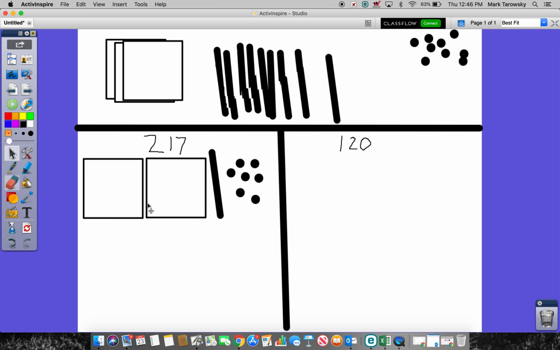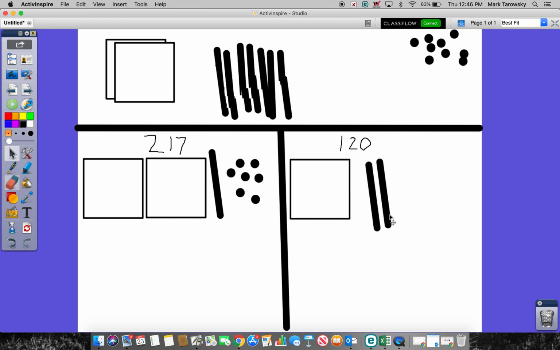So you've got our 200, 1 group of 10, and 7 ones for 217. Then we've got our 120. Do I need any circles for ones? No, I do not. There is 0 in the ones place, so 120 is going to look like this.